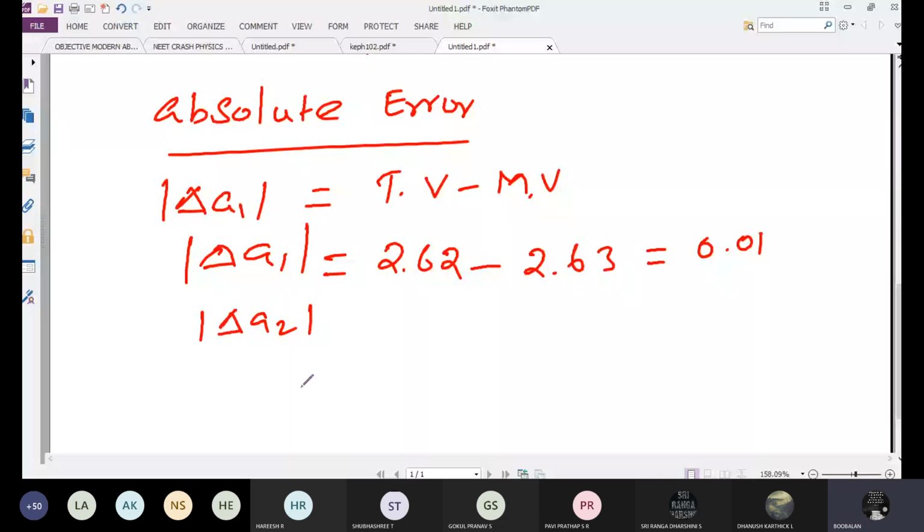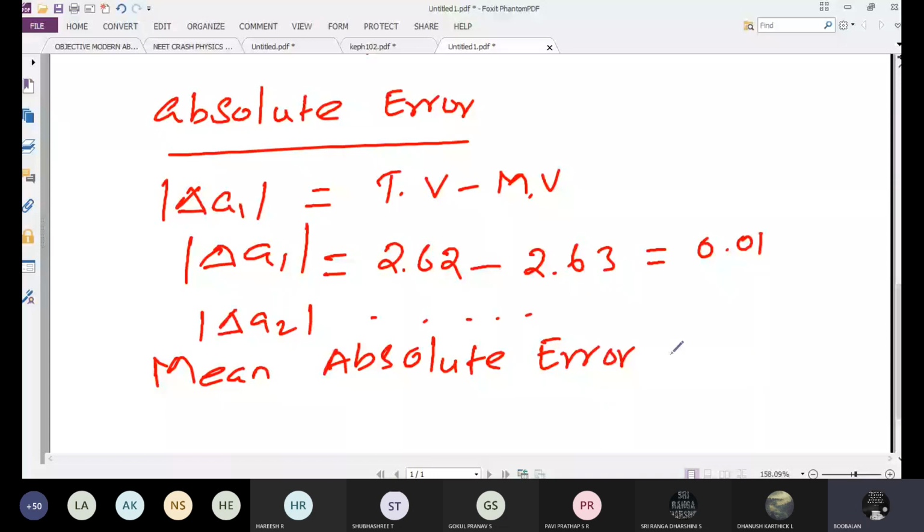Then you want to find the mean absolute error. You can follow the next step. Del A2, del A3, all of that you can try. Right or wrong, no problem.